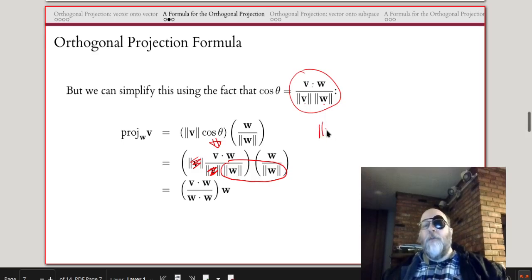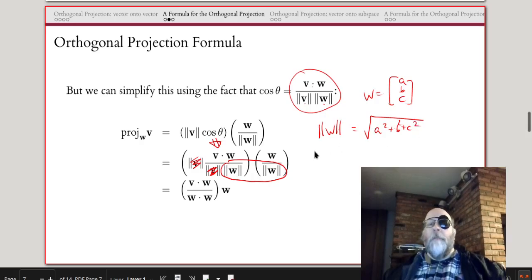The magnitude of w, let's say w is the vector ABC, for example. The magnitude of w is the square root of a squared plus b squared plus c squared. But the magnitude of w times the magnitude of w, when I multiply two square roots, the square roots go away, and I just get a squared plus b squared plus c squared.